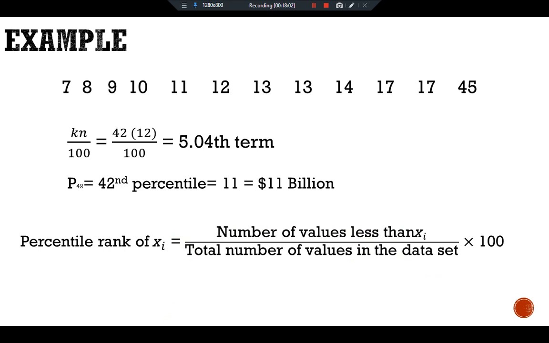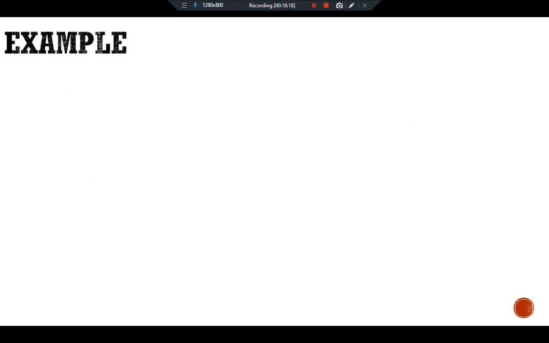For understanding the percentile rank, let me give you an empirical example. We are using the same data of 12 companies' profit in 2008, arranged in increasing order.